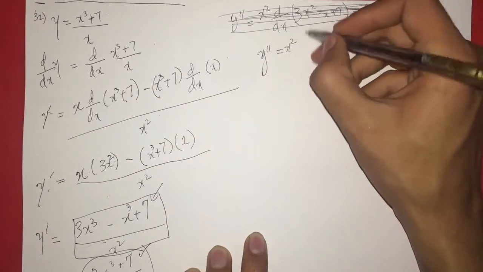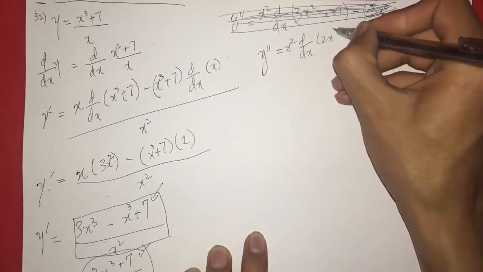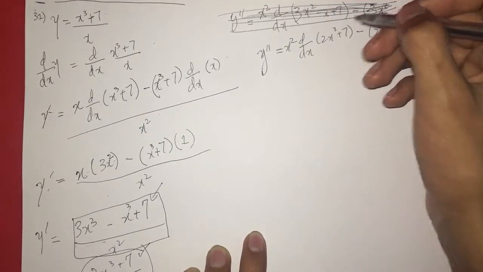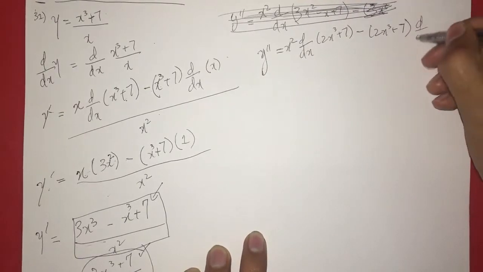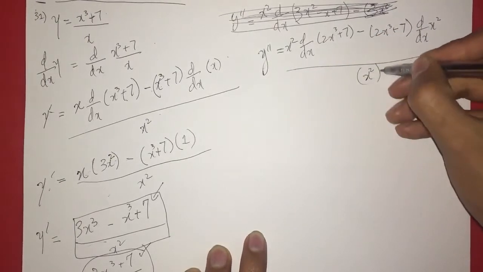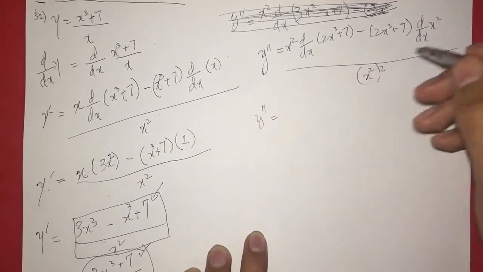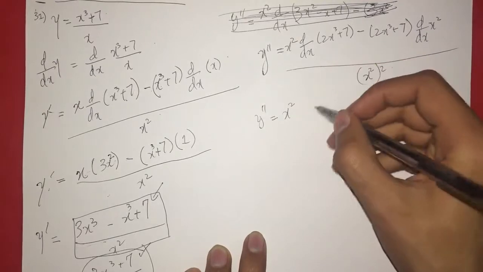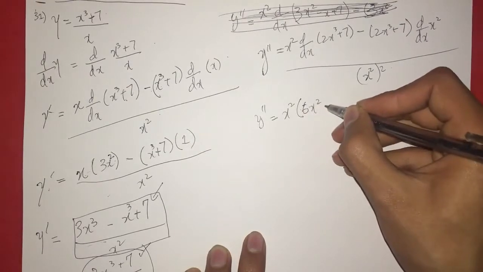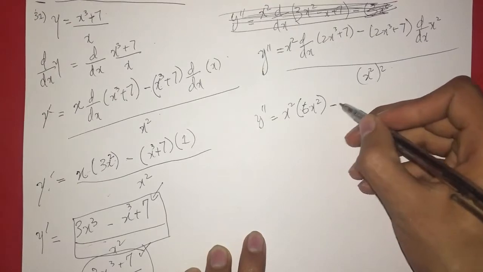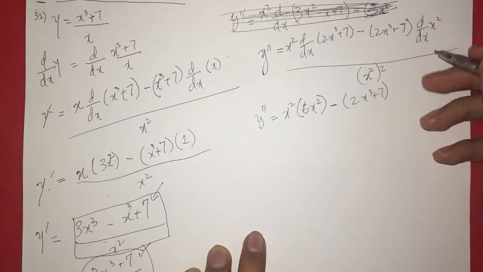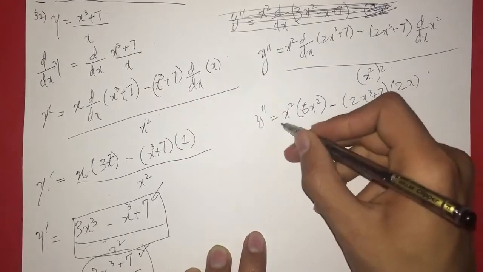So you have x squared times the derivative of 2x cubed plus 7, minus 2x cubed plus 7 times the derivative of x squared, divided by x squared whole squared. The derivative of 2x cubed plus 7 is 3 times 2, which is 6x squared, plus 0, and minus 2x cubed plus 7 times the derivative of x squared, that is 2x, divided by x squared.